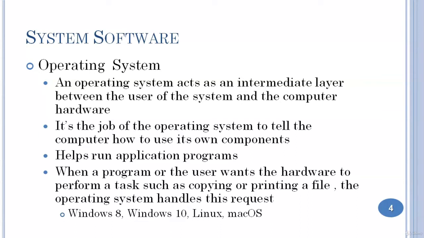Okay. Now, it is the main responsibility of the operating system to tell the computer how to use its own components. An operating system allows the computer to run different kinds of application programs.